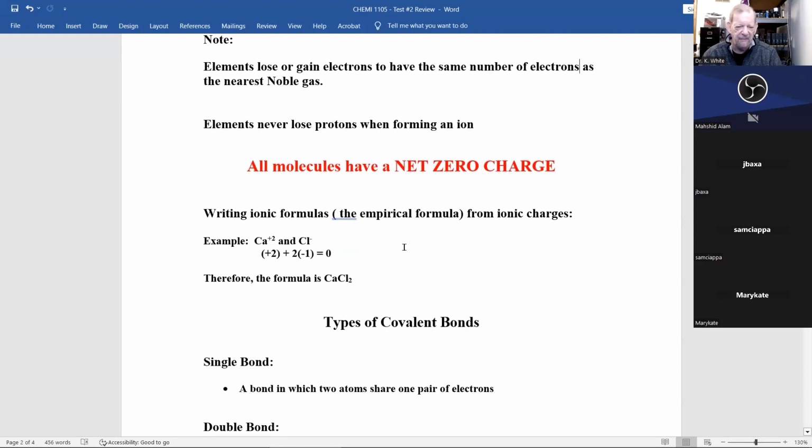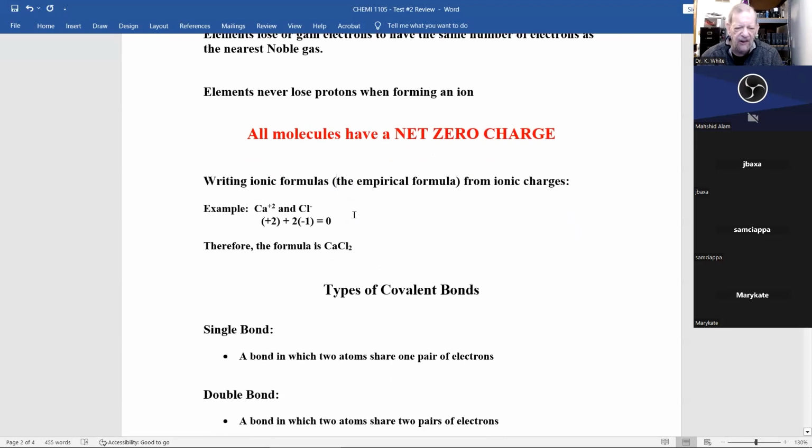So what does that mean? If I ask you to write the empirical formula or the ionic formula from the ionic charges, generally I'll ask for the empirical formula for calcium +2 and chloride -1. What do you do?